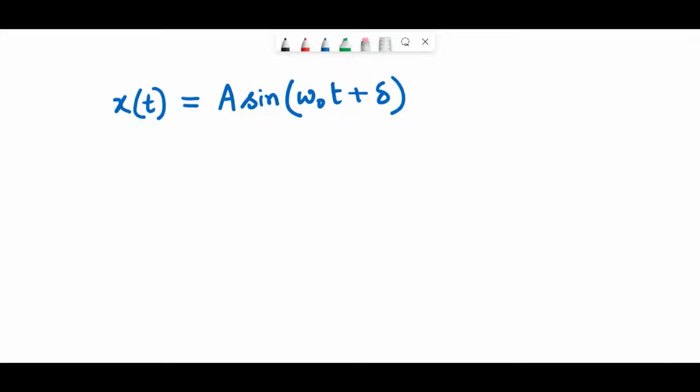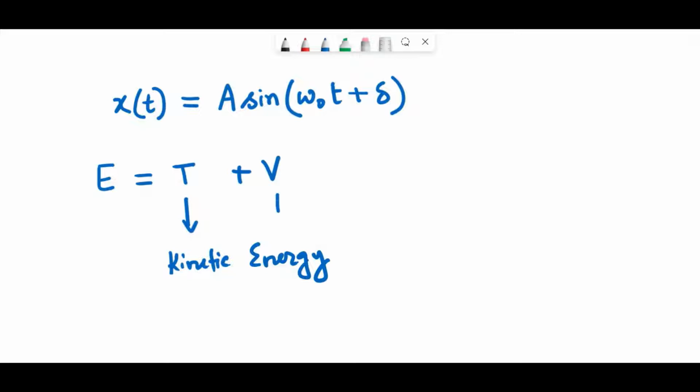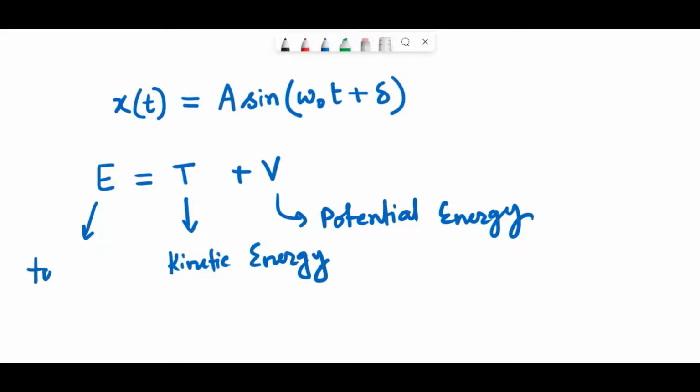And we know that the energy of a mechanical system is the sum of the kinetic energy, which is written by T, so T denotes kinetic energy, plus V, where V denotes potential energy. And E denotes the total energy.